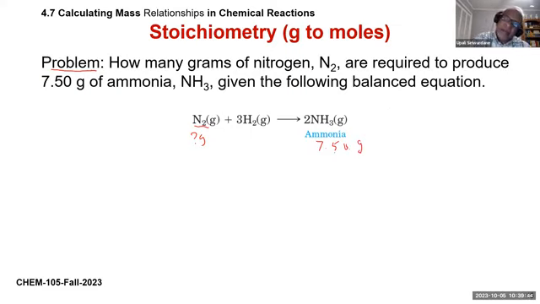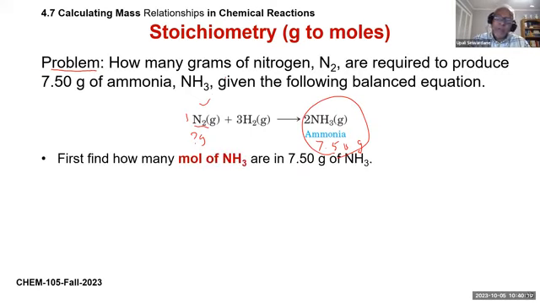So you start with ammonia, convert ammonia to moles, then through the stoichiometric relationship 1 to 2, convert moles of ammonia to moles of nitrogen, then moles of nitrogen to grams of nitrogen.